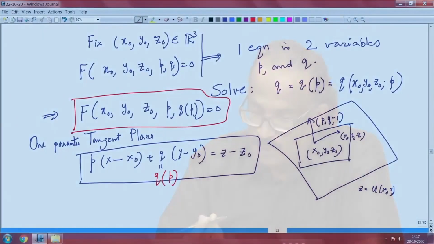So, there will be planes passing through this point, and as p changes you get a one parameter family of planes. If you look at its envelope, this family of planes produces a generalized cone, which need not be a right circular cone. So the geometry is that for each point, your equation f of x naught, y naught, z naught, p, q produces a cone, and if the point varies you get a field of cones.